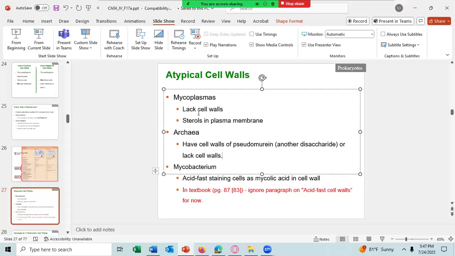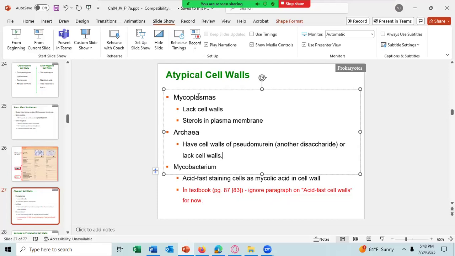And if you want to avoid a diet containing cholesterol, you don't want to eat animal products, because cholesterol is only found in animal cells or animal tissue. So if you eat a plant diet, or I guess a bacterial diet, you won't get exposed to cholesterol. Mycoplasmas do not have cholesterol. It's another sterol, but it acts the same in the plasma membrane to give strength and support to the plasma membrane. Any question about the mycoplasmas?